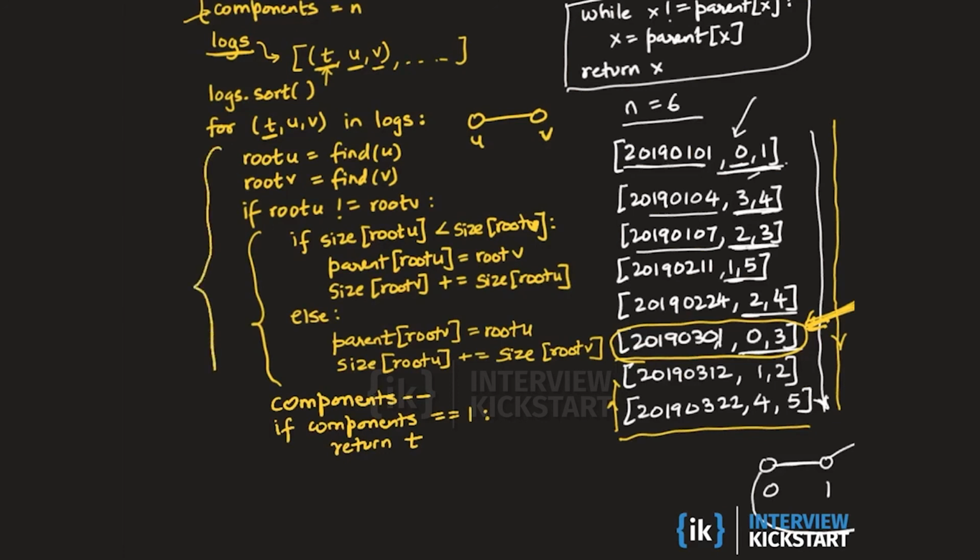Let's say we go through each edge and maybe the number of components comes down a few times, but it never really becomes 1. Then at the end of this for loop, we would know that the number of components is definitely more than 1, because as soon as it had become equal to 1, we would have returned earlier.